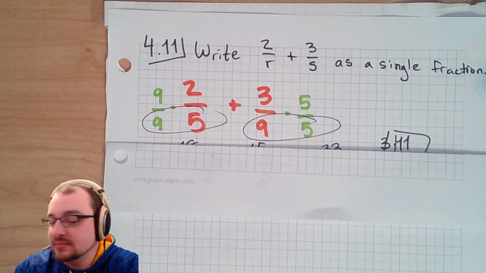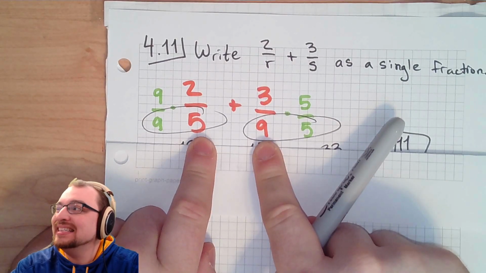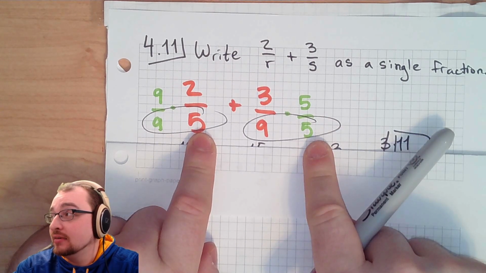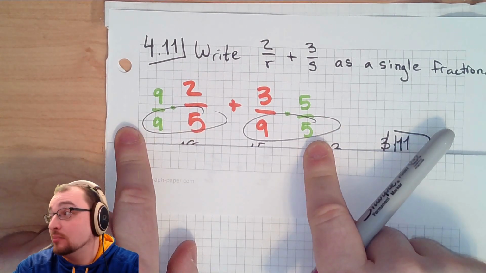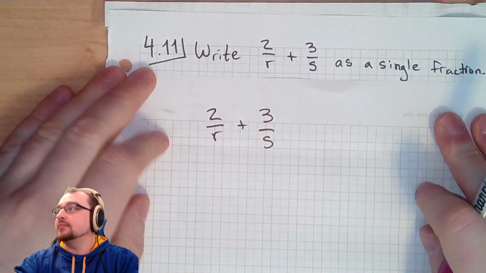Well, you have 9 and 5, and 9 and 5, so then they'll equal the same thing. I need these numbers to match on the bottom, right? So if I times 9 by 5 and 5 by 9, I'll get the same, right? So I can use that same logic here.